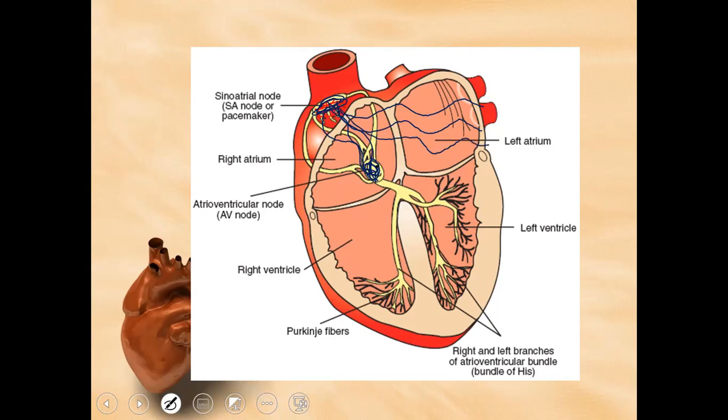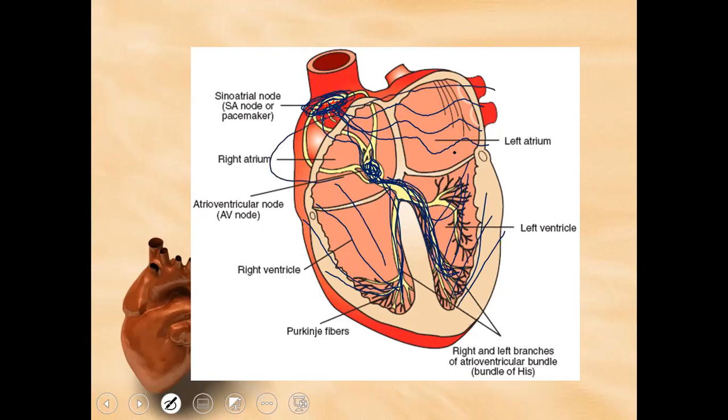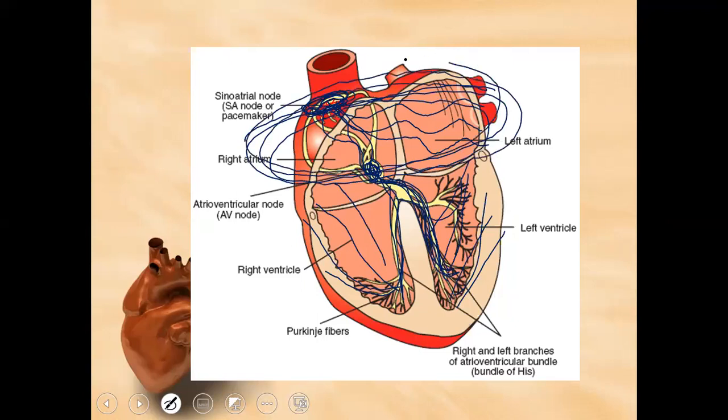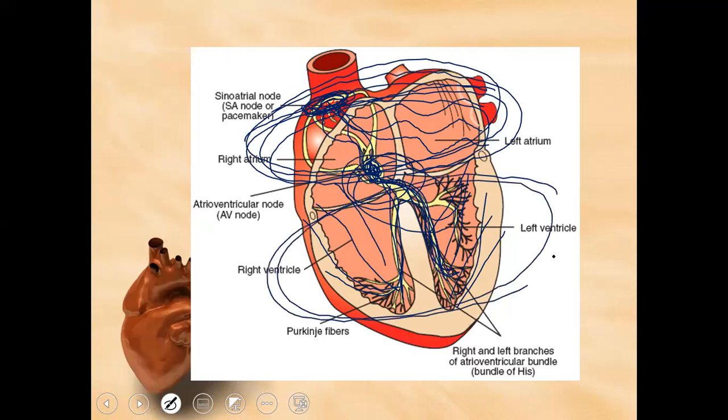From here, it then sends the conduction down the bundle of His and then redistributes it, where more is going to this side than this side. And then it comes out the Purkinje fibers, and that's what causes the ventricles to contract. While this is happening, this is recharging, this is relaxed. While this is happening, this is recharging, and this is relaxed.